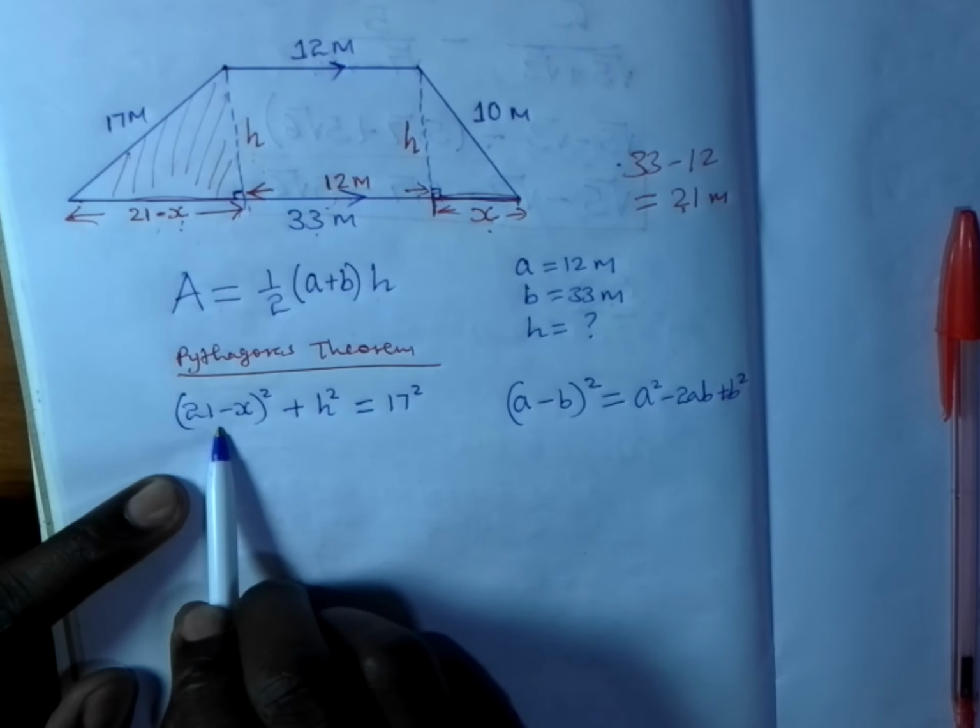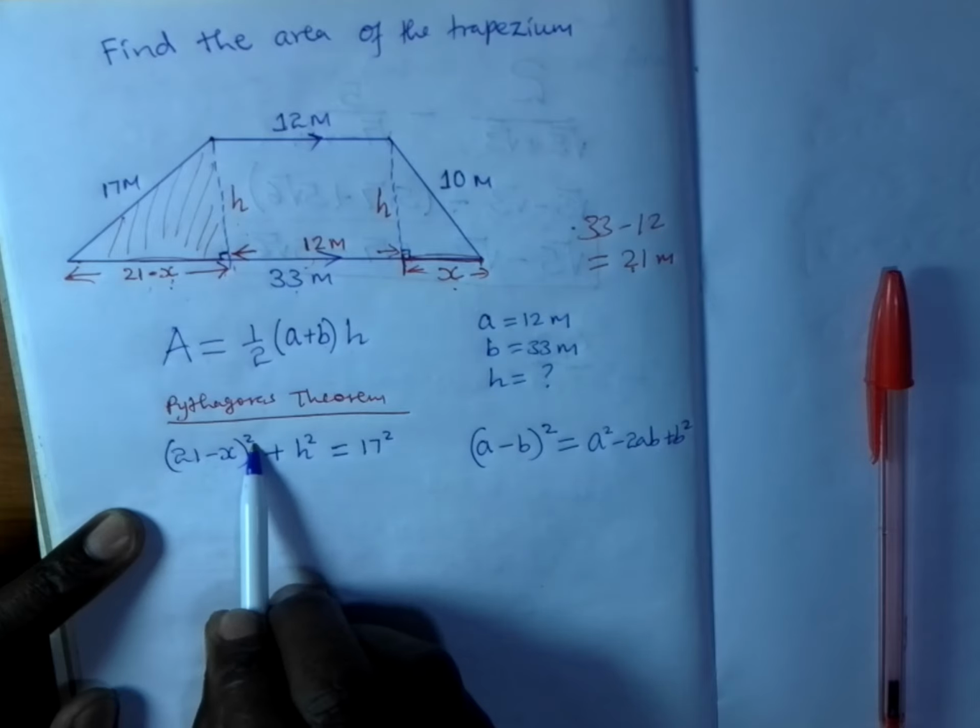So if we expand (21 minus x) squared, 21 here represents a and x represents b.